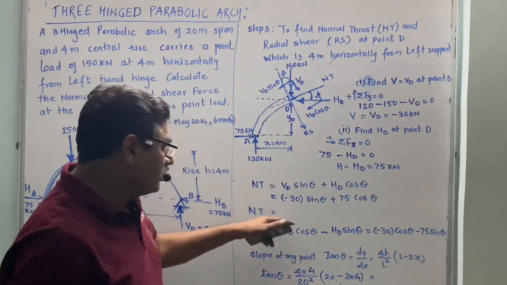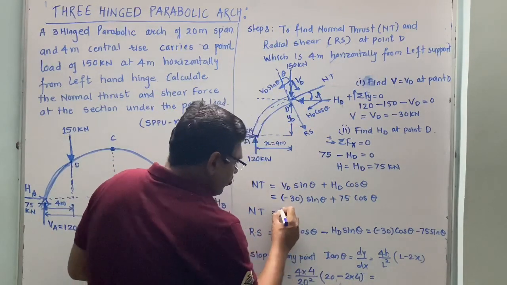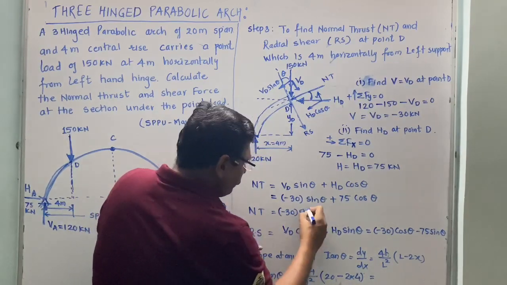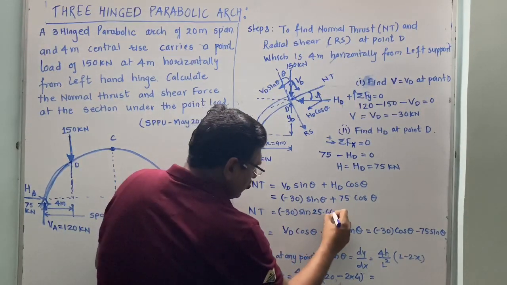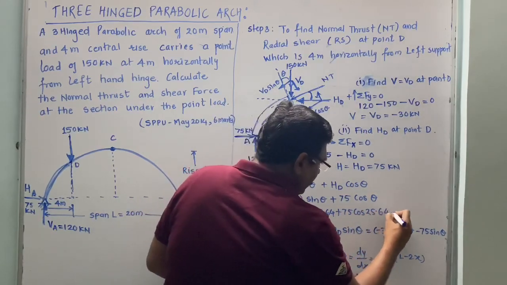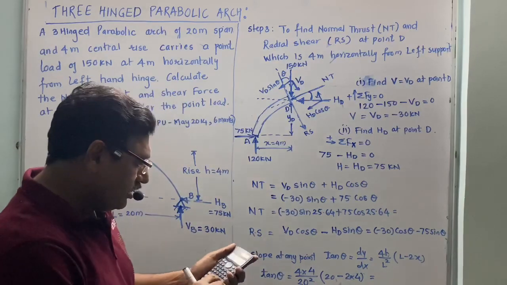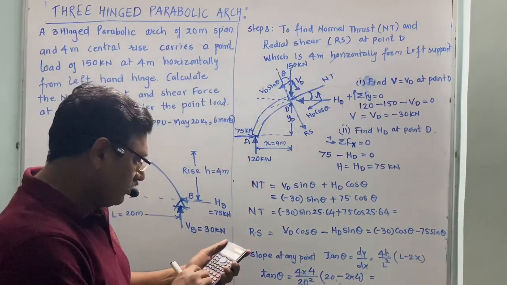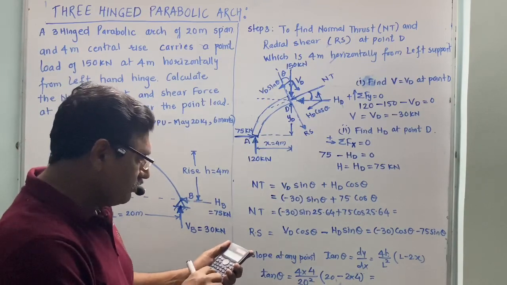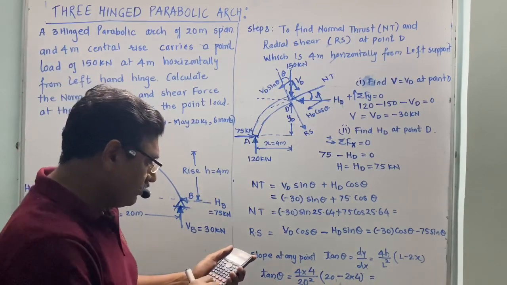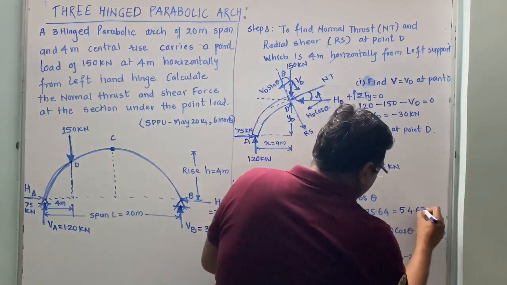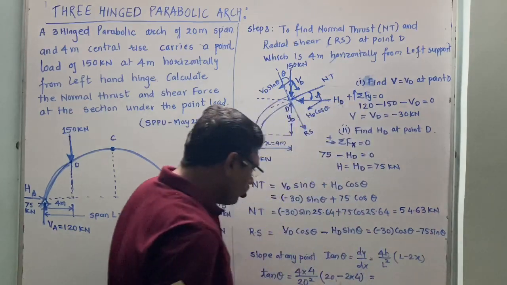So I just put over here this value: minus 30 sin of 25.64 plus 75 cos of 25.64. I am getting the answer 54.63 kilonewton.